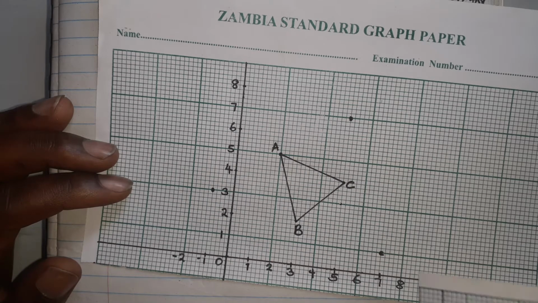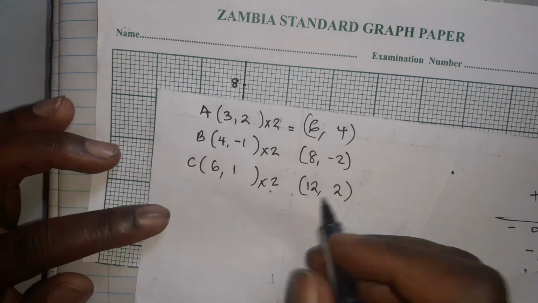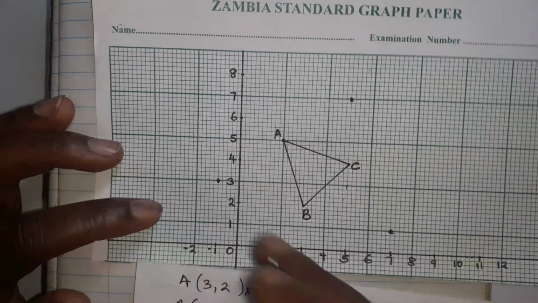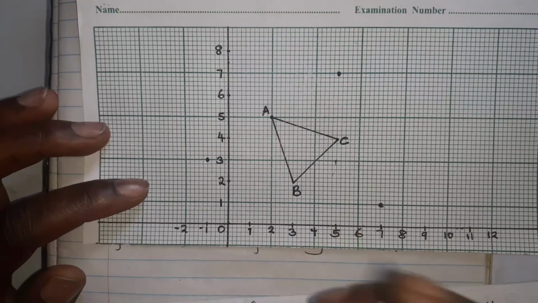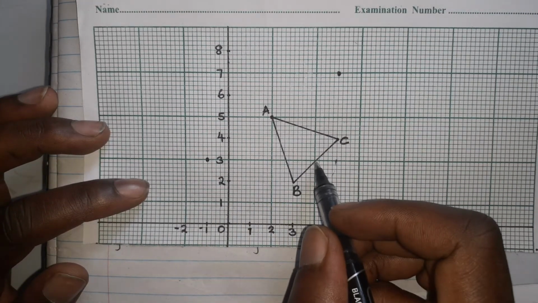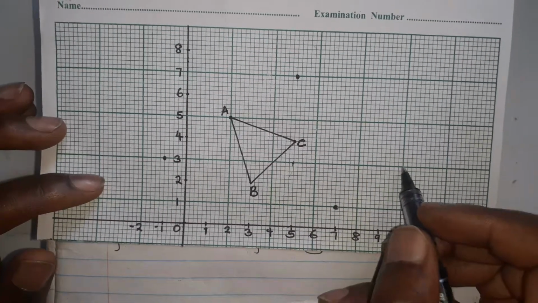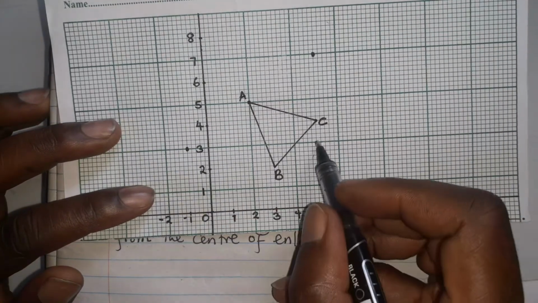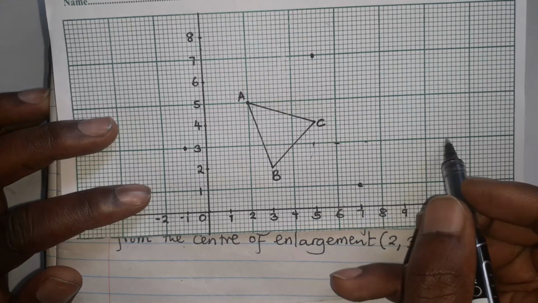Then we go to C. For C, we have 12, 2. So from here we need to count 12 this side: 6, 7, 8, 9, 10, 11, 12.